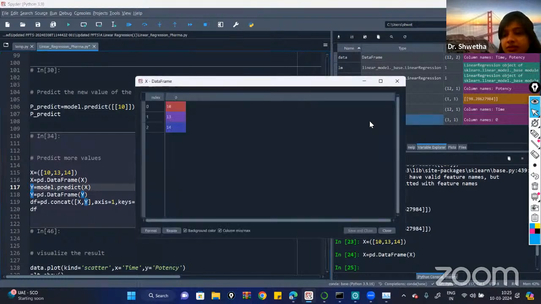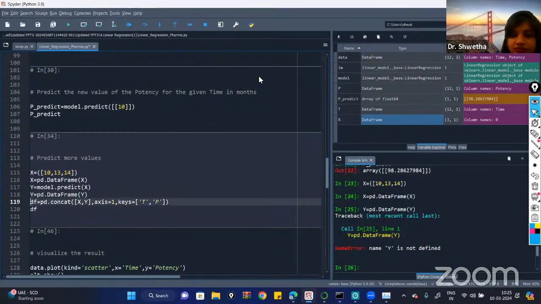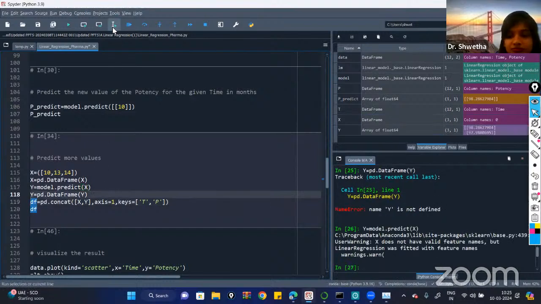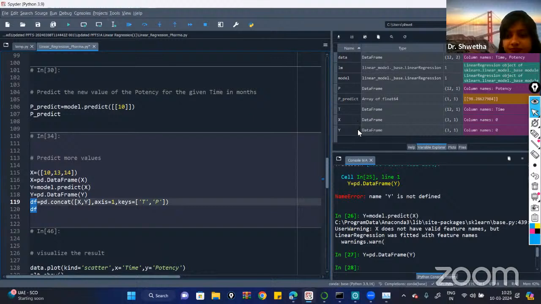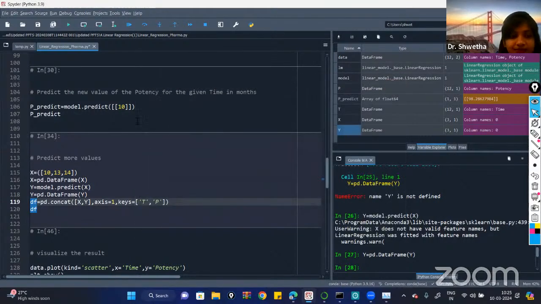Okay, this is the data frame. After converting it into a data frame, we are converting the Y also into a data frame. Okay, now these are the new predictions: 98, 97, and 97 for the new values.